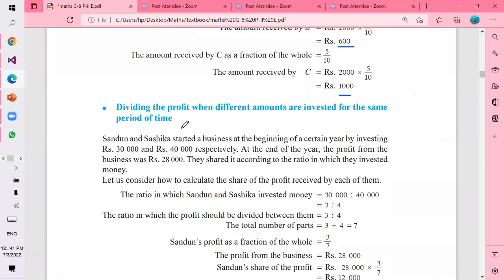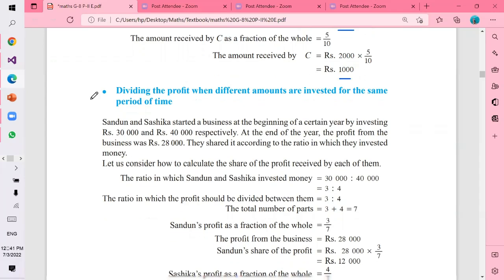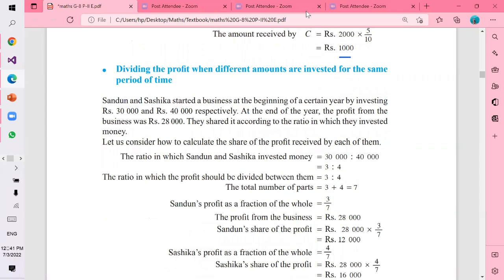So now we're learning how to divide the profit when different amounts are invested for the same period of time. So we'll use the same example. There are 2 children here, Sadun and Sashika. They started a business at the beginning of a certain year, 2022. So in 2022, January 1st, Sadun and Sashika started a business.